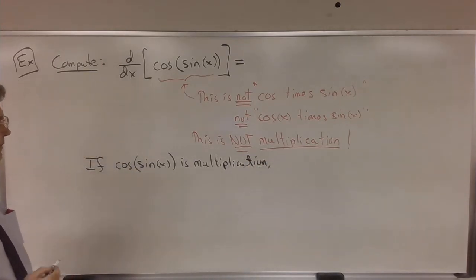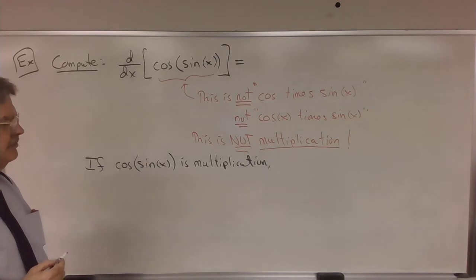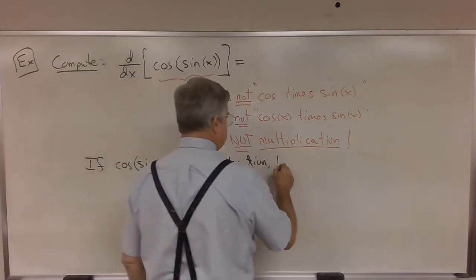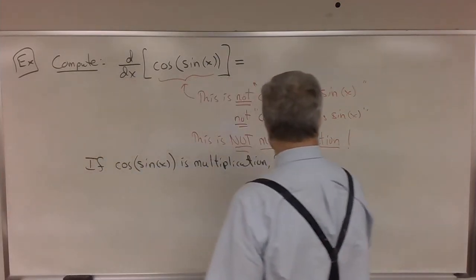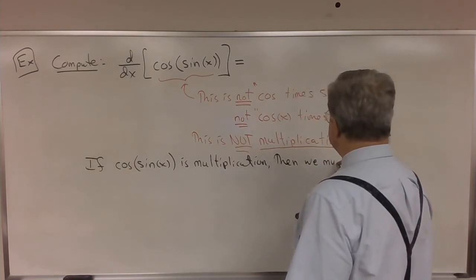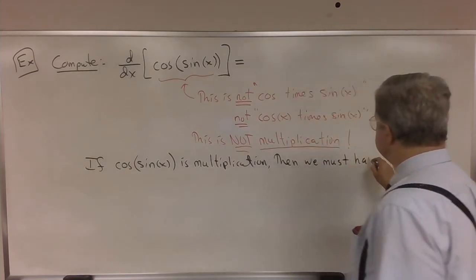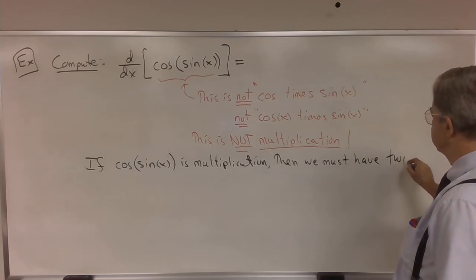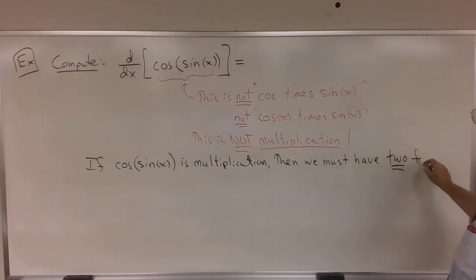If cosine evaluated at sine of x is multiplication, then we have to have two factors.